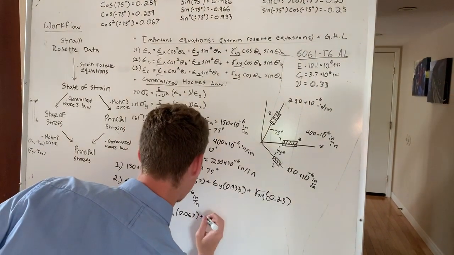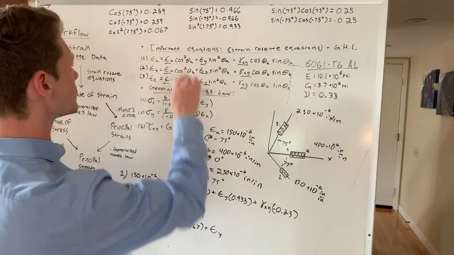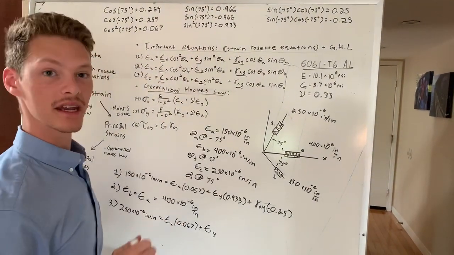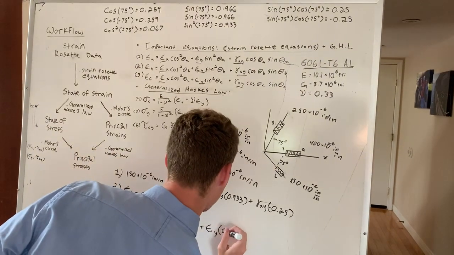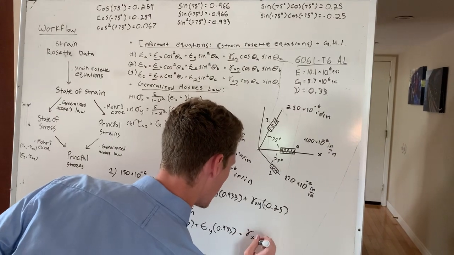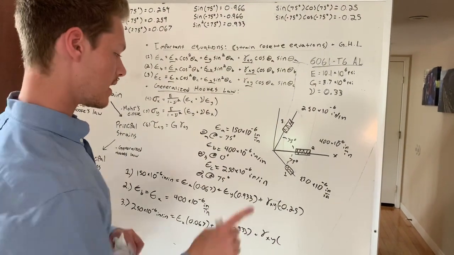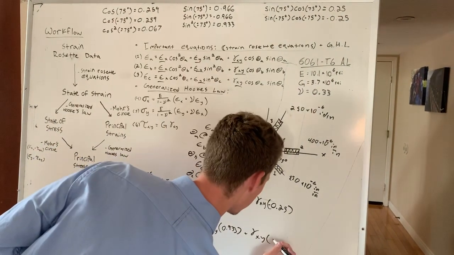Plus epsilon y times sine squared of 75 degrees, which is 0.933, plus gamma xy times sine theta cosine theta, where theta is equal to 75, and that's going to be positive 0.25.